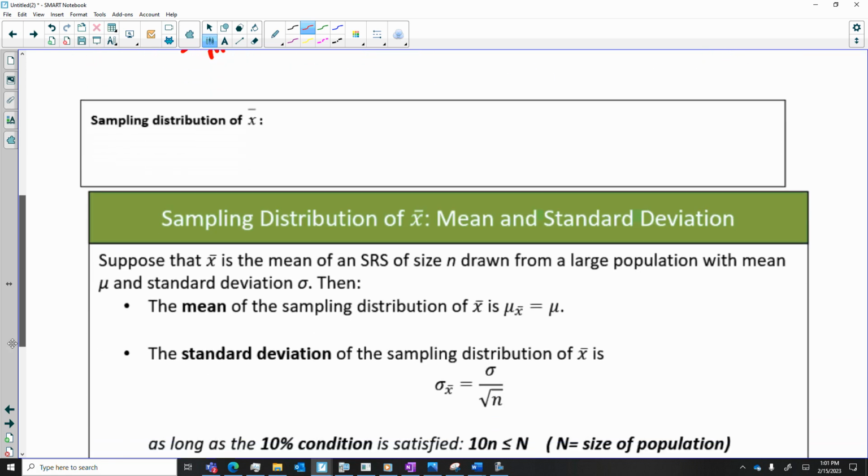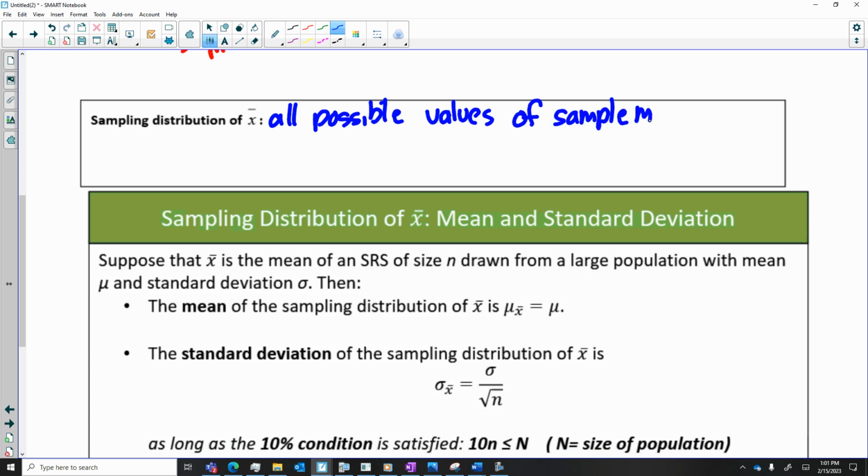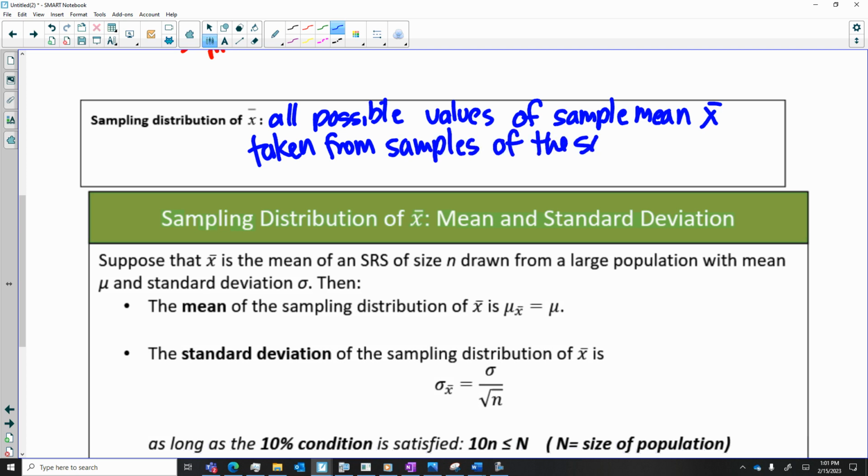We want to review that the sampling distribution of a statistic is all the possible values of the sample statistic, which is the sample mean in this case, X bar, calculated from samples of the same size N, which in this case is 30, from the same population. And they're random samples, by the way.